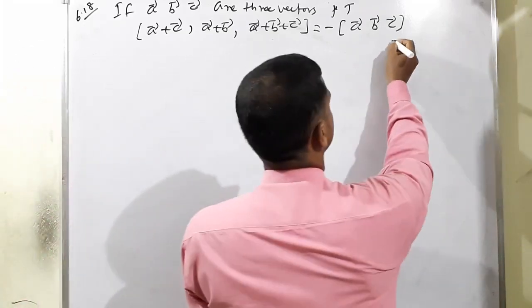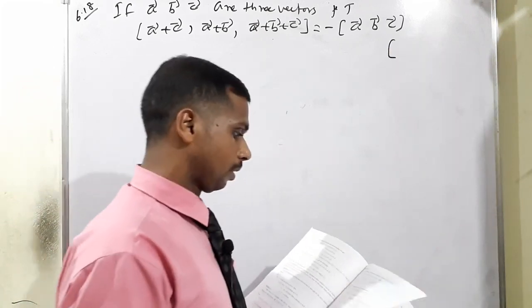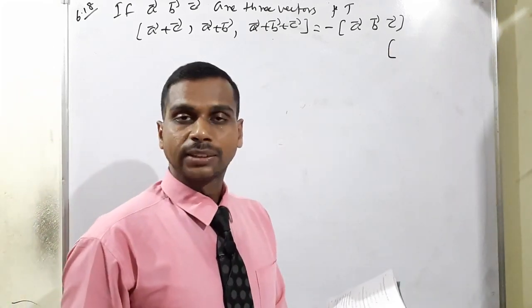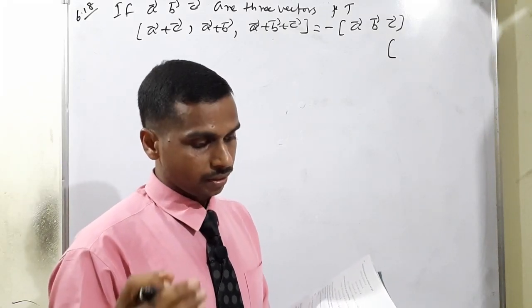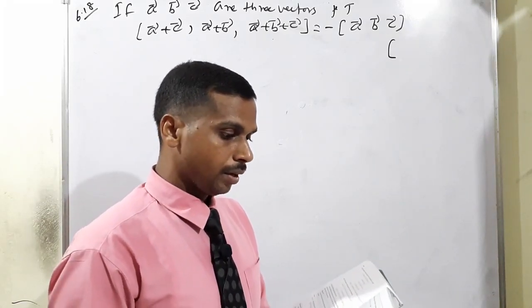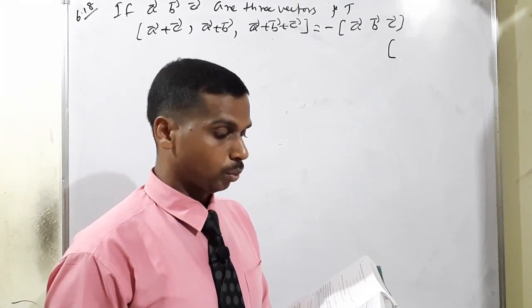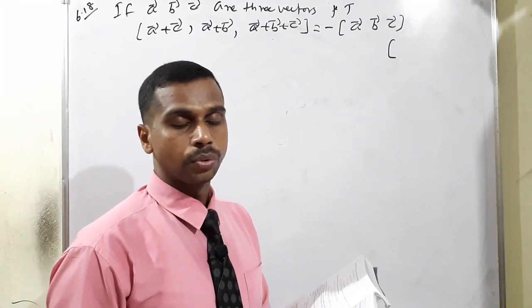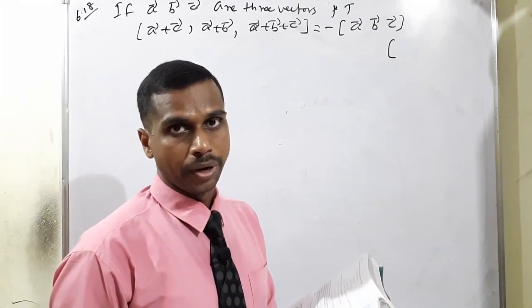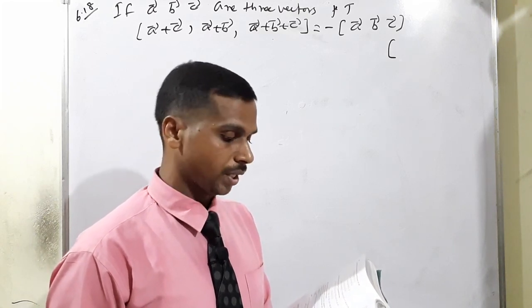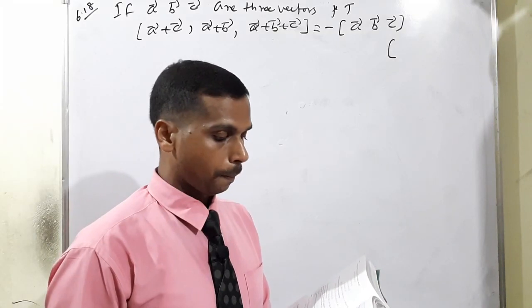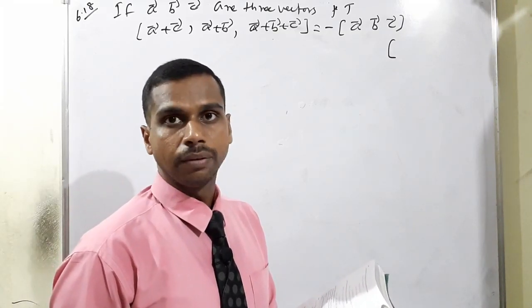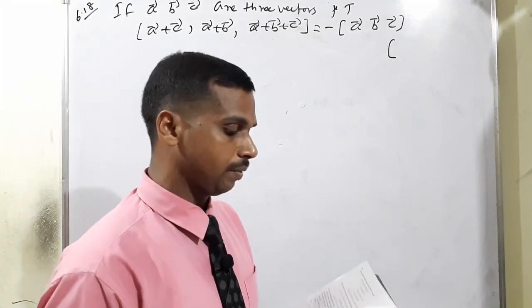The main condition: consider P vector is equal to x1 A vector plus y1 B vector plus z1 C vector. Like that, Q vector is also x2 A vector plus y2 B vector plus z2 C vector, as well as R vector is x3 A vector plus y3 B vector plus z3 C vector.